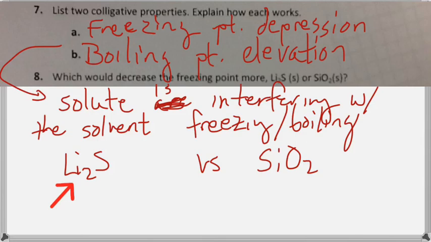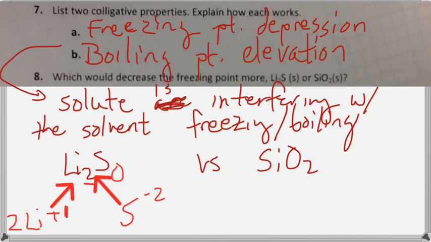So it's going to split into lithium plus 1, and notice it has a subscript of 2, so you're actually going to get 2 lithium plus 1 ions, and then you're also going to get the sulfur ion, so it will be S minus 2. And notice sulfur has a subscript of 1 here, so it's only going to be 1 sulfur.